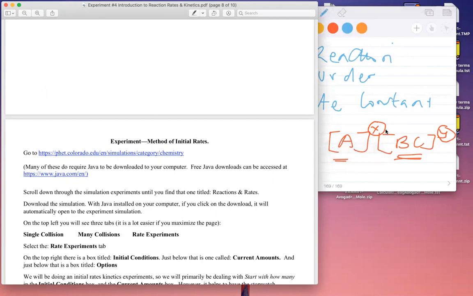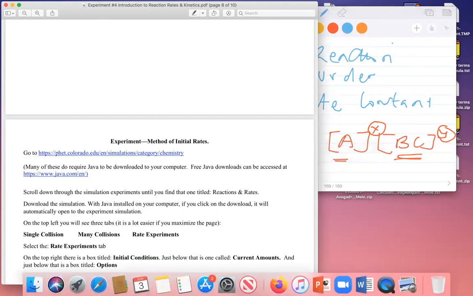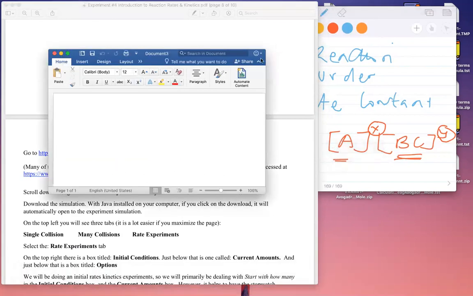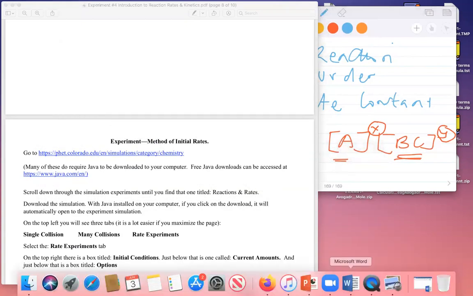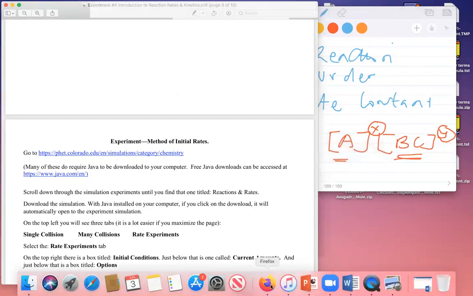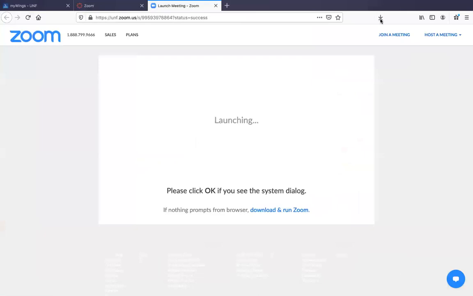So what I will do is first work an example on how to find the reaction orders. Let me show you how to find the reaction orders.